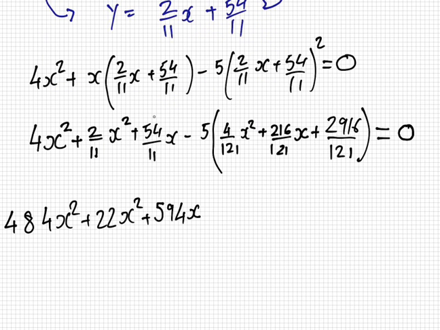Sorry. No, that's plus. Yeah, it's okay. Right, now, the great thing is when I multiply this by 121, all those 121s cancel. So I just have to multiply by 5 now. So minus 20x squared minus 1064.